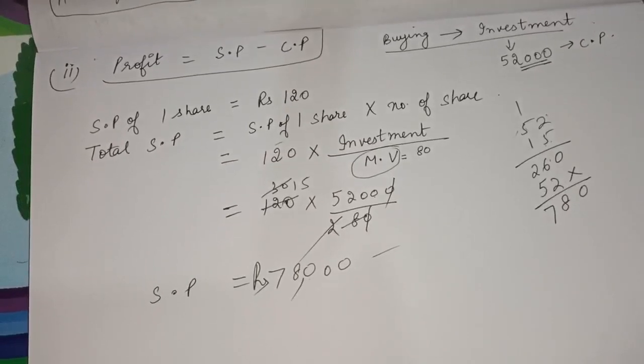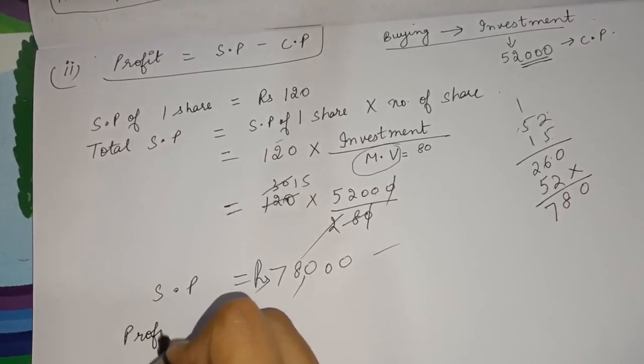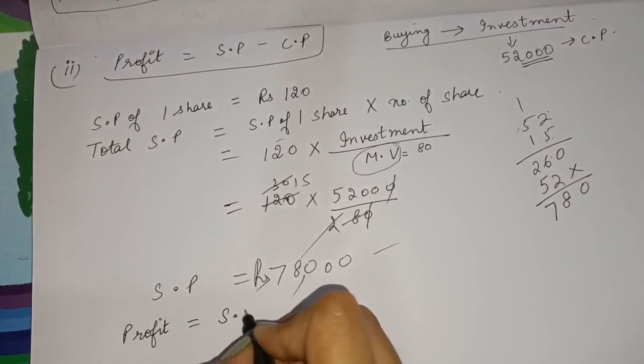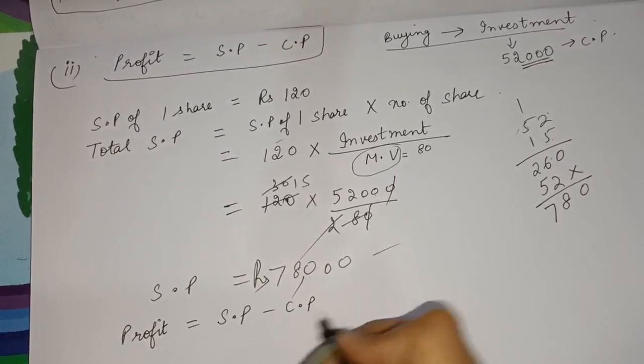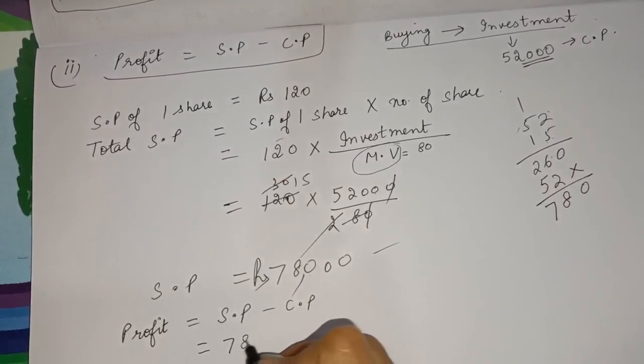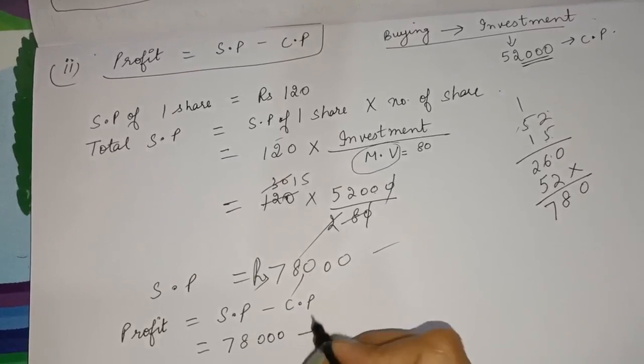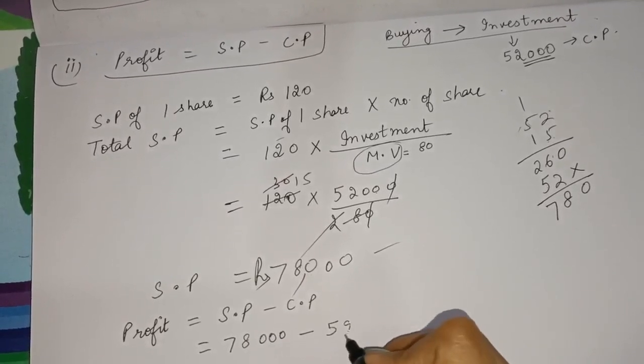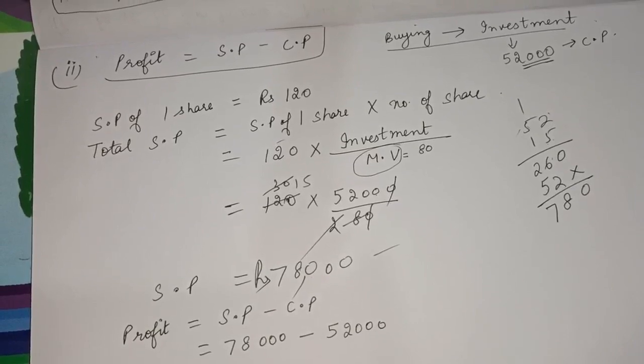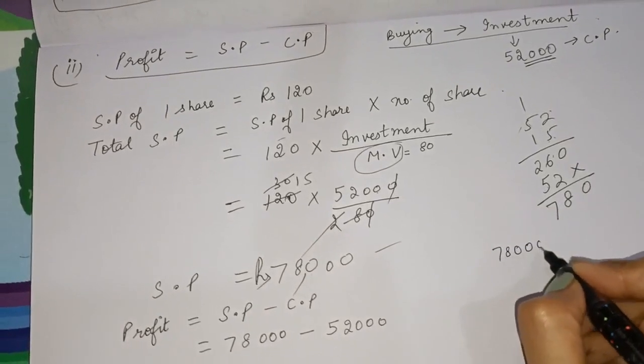Now what we have to do, we have to find profit. Profit is equal to selling price minus cost price. So what is the selling price? Selling price is 78,000. Cost price is 52,000, which is the initial investment. We can do subtraction here.